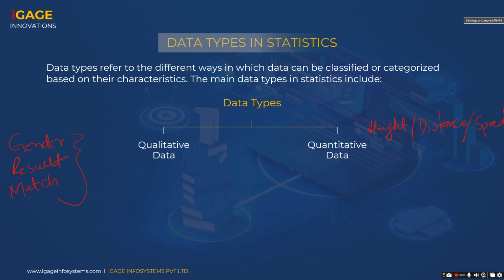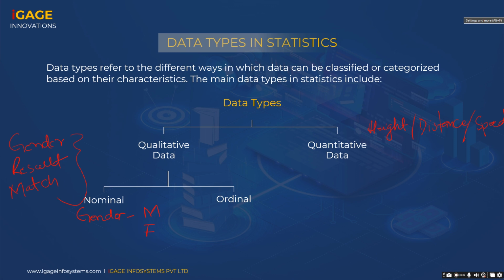Now further ahead, qualitative data is divided into two types: nominal data types and ordinal data types. Nominal data types are those data or information which can be labeled. For example, gender of a person, we can label them as male and female.